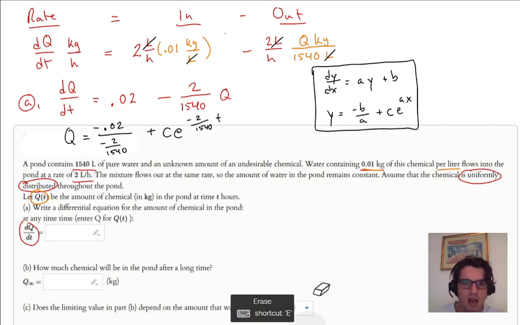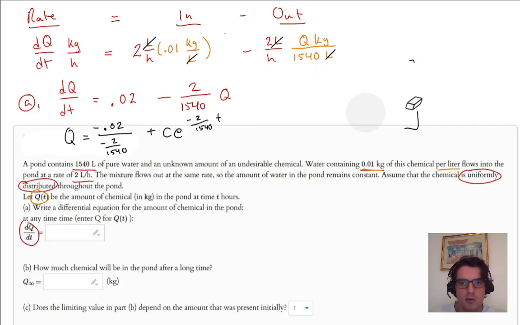We have our t. I'm going to get rid of the ansatz so I have a little more space. Set this equal. We can simplify this fraction. It is 15.4 plus c e to the negative 2 over 1,000 t.